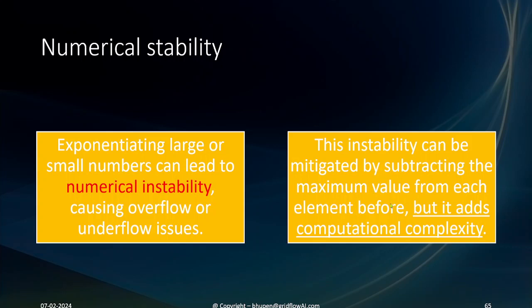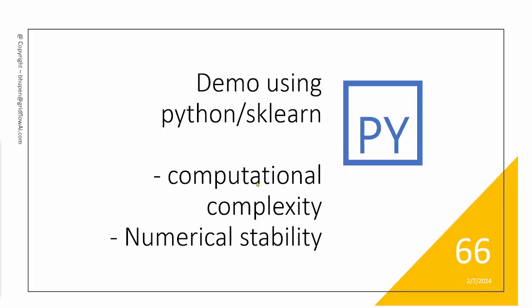There is a solution to that also, how we can avoid the numerical instability problem. Let's take a look at the computational complexity in terms of Python demo, and also I'll be showing you the numerical stability as a problem.